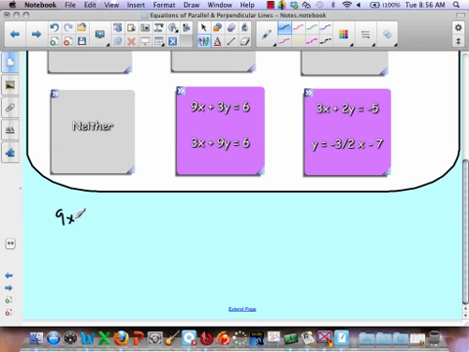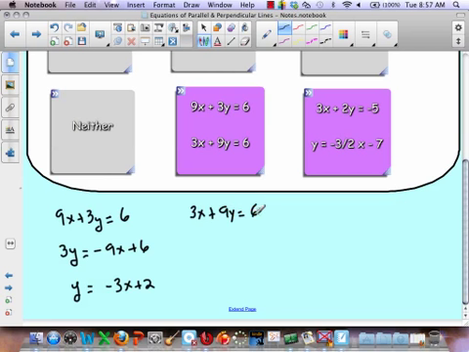If I take my 9x plus 3y equals 6 and solve for y, I move my 9x over, so negative 9x plus 6, and then divide everything by 3, I get negative 3x plus 2. So that's my top equation. My bottom equation, we do exactly the same thing. I move my 3x over, so 9y equals negative 3x plus 6. Divide everything by 9, and I get negative 1/3 x plus 2/3.